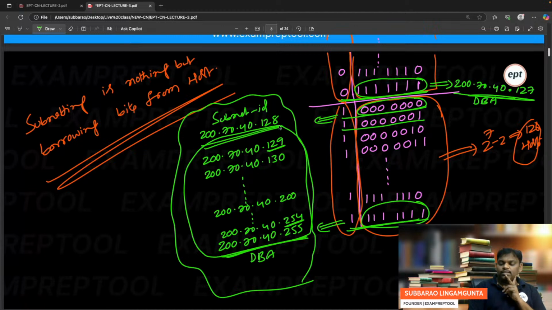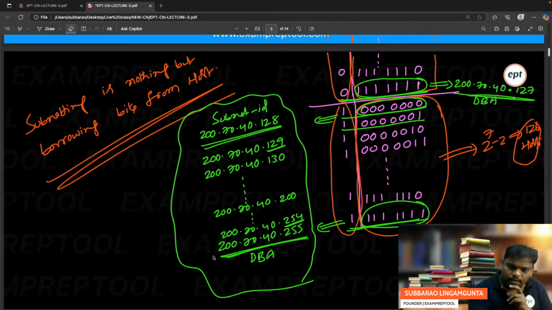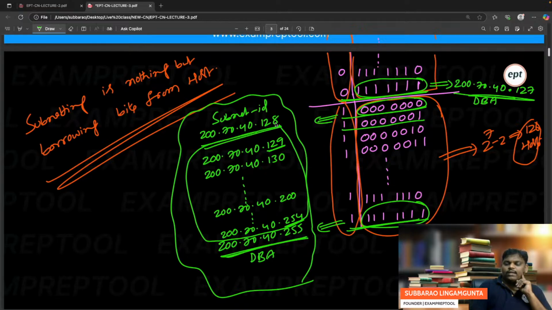Last host is, let me write it, sorry for this, 200.70.40.254. So remember, first one is subnet ID, last one is DBA. Those you cannot give for host purpose. First host is 129, last host is 254 for the below subnet.